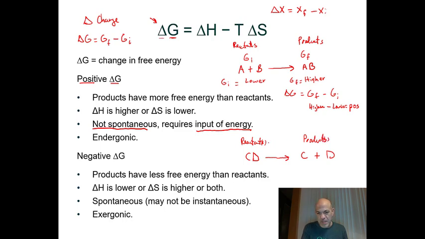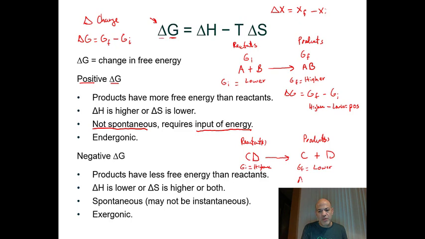So this is your final, and this is your initial. Now let's say that when we're done, our free energy is lower for the products overall. So that means G final is lower, but your reactants had a higher free energy, because reactants are always the initial.